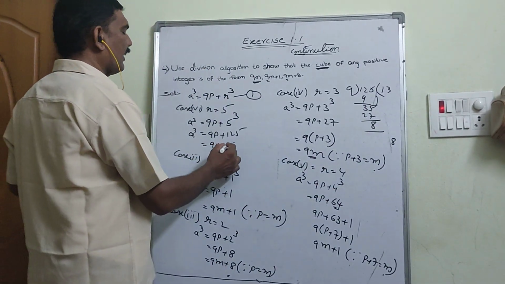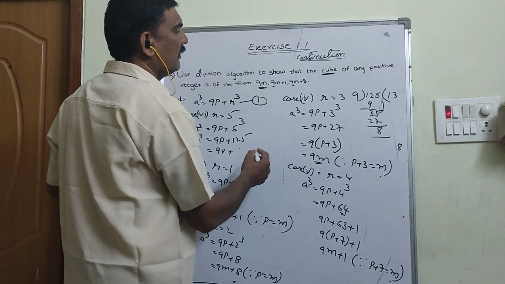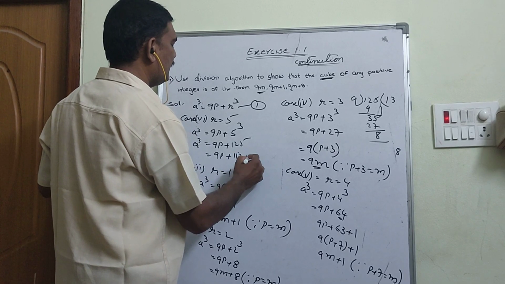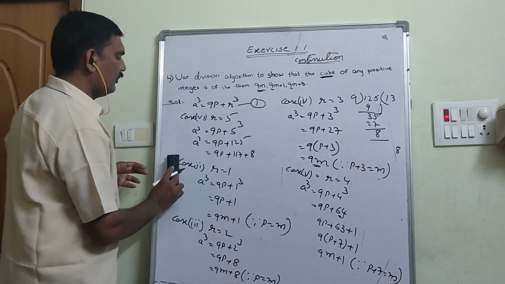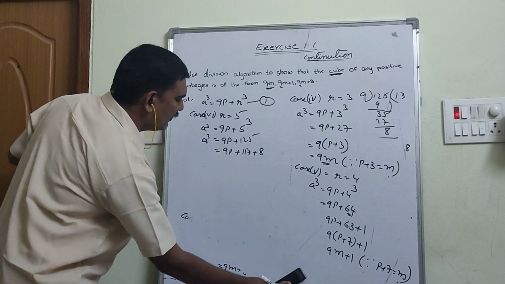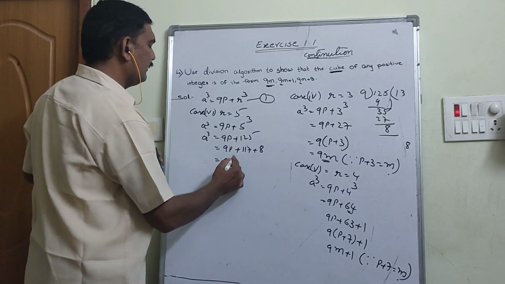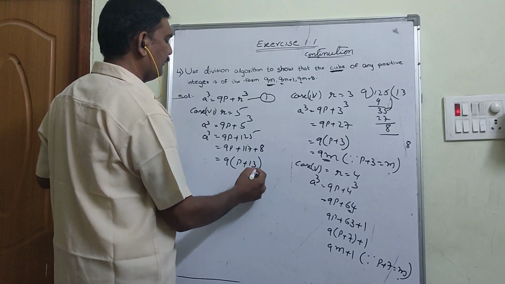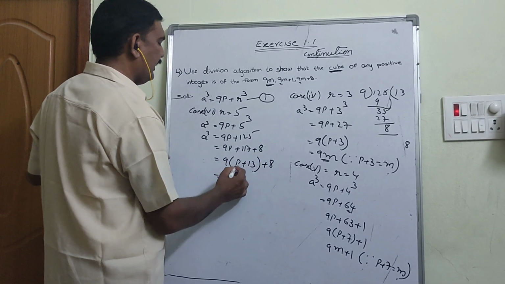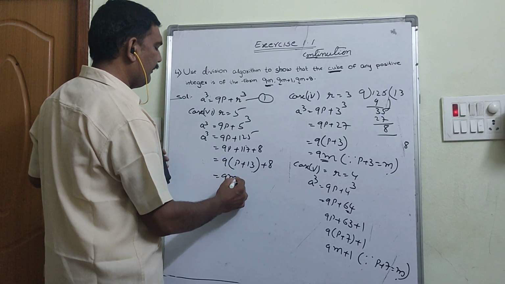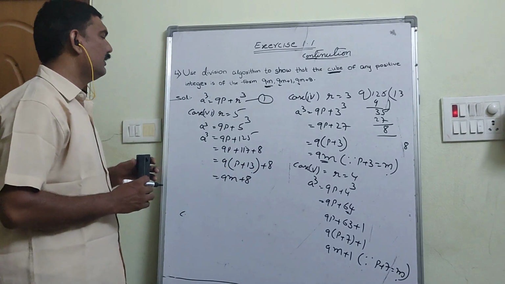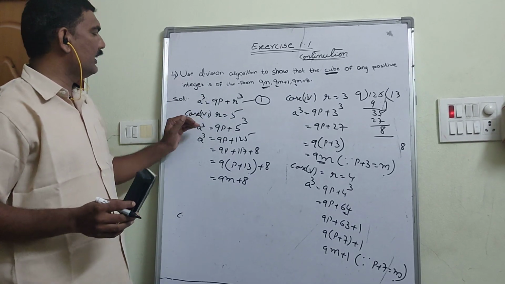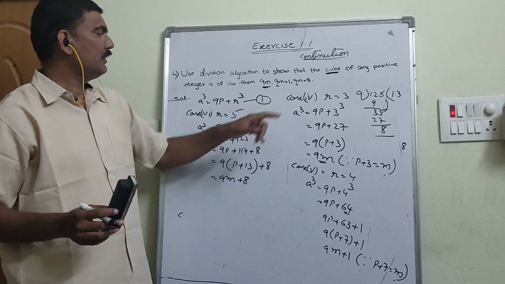Means this you can write it as 117 plus 8. So as you are taking 9 as common from this one, 9p plus 13 plus 8. In place of p plus 13, if you write m, 9m plus 8. R is equal to 5, if you are taking also, cubing of its positive natural number you got in the form of 9m plus 8.